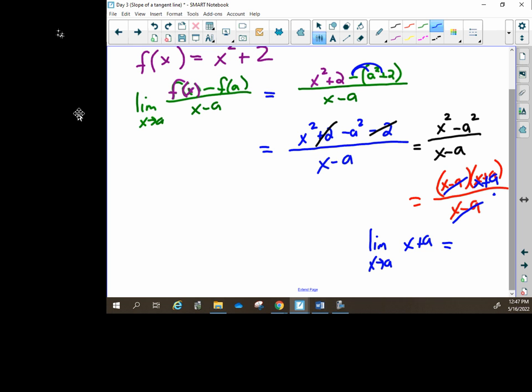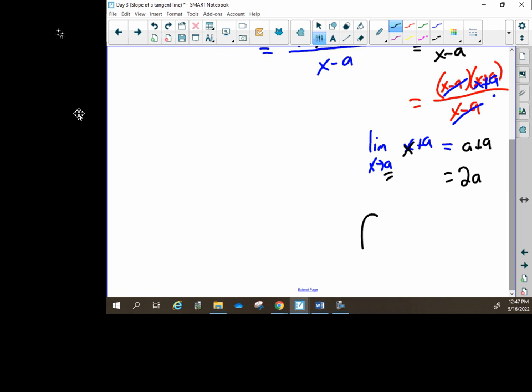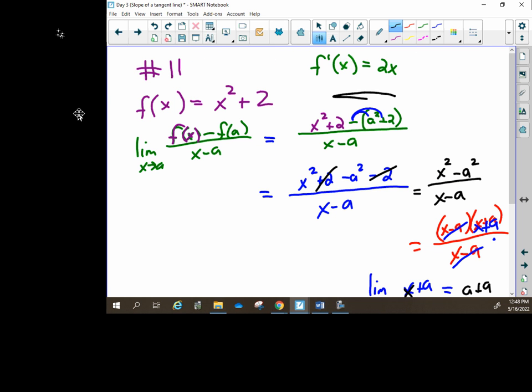You have to substitute this a in where that x is, and you're going to come up with a plus a, which is 2a. And I wanted the derivative in terms of x. Is that what I guessed it was going to be? Right.